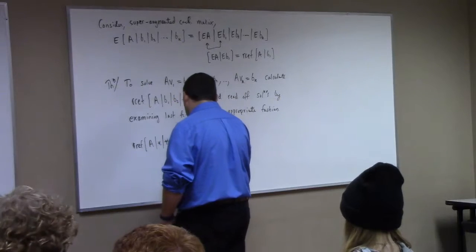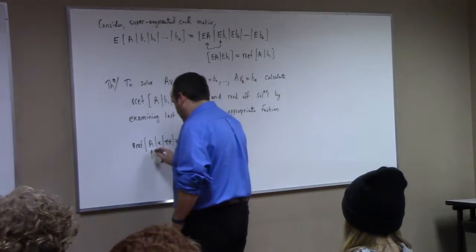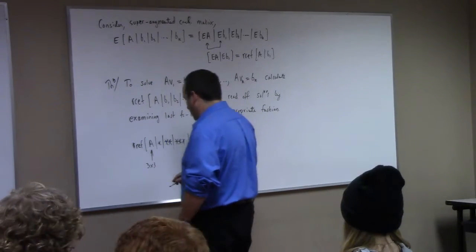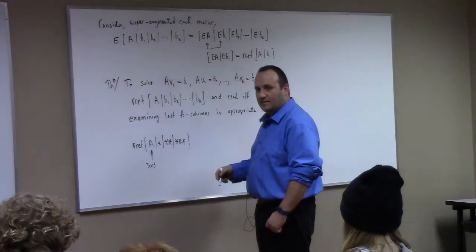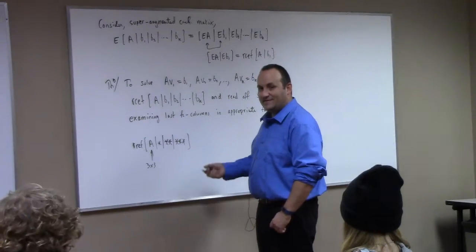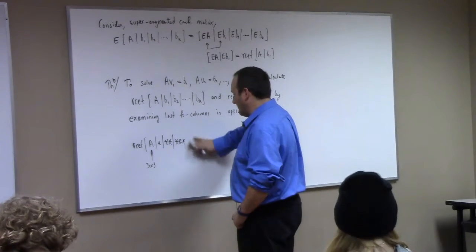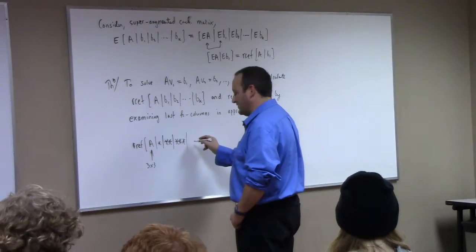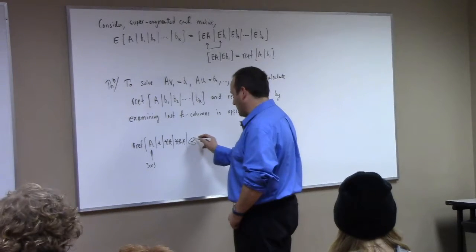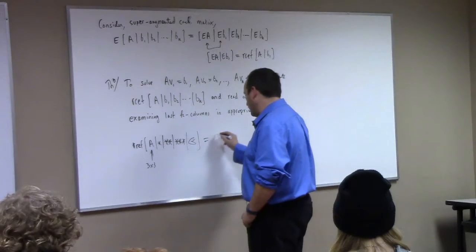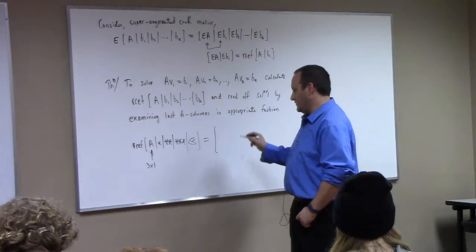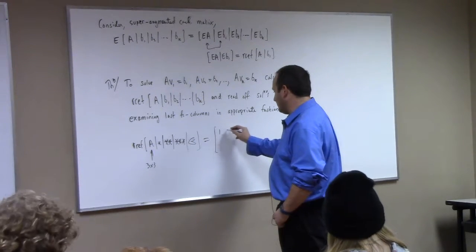Suppose this is 3 by 3, so three equations, 3 unknowns, and 3 systems like that. Tell you what, I'll make it 4, just so we don't confuse the 3. And suppose it ends up being this.